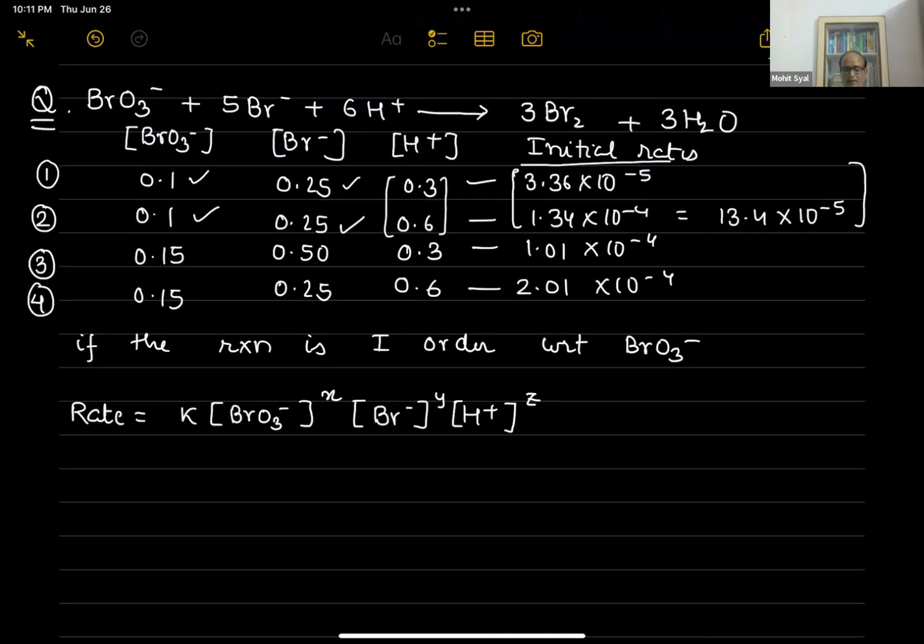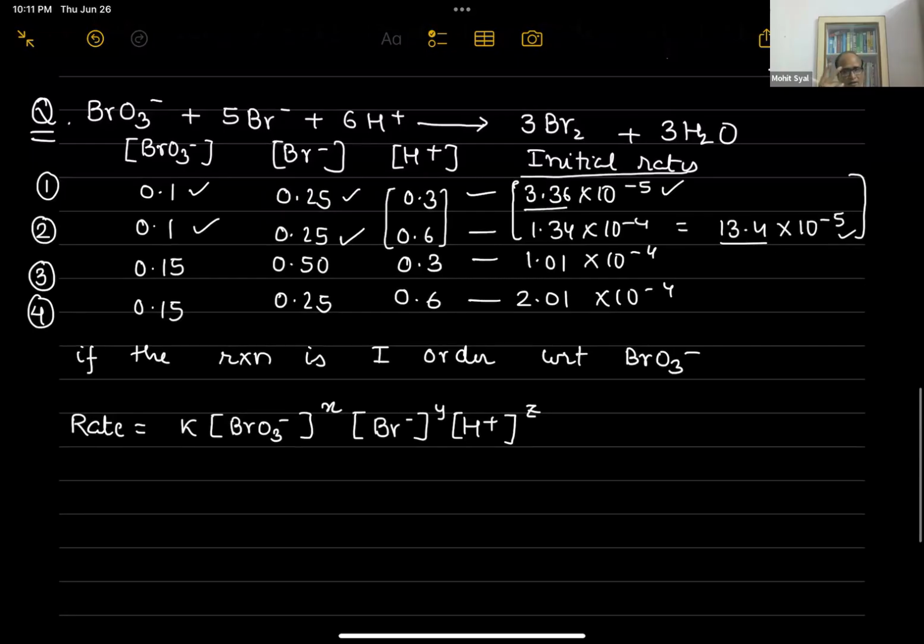I changed it to 10 to the power minus 5 so that I can compare. So this is 3 and this is 12. This is 4 times. So if I double the concentration of H plus, the rate is becoming 4 times. So it means Z is 2. Jovita, are you getting my point or not?